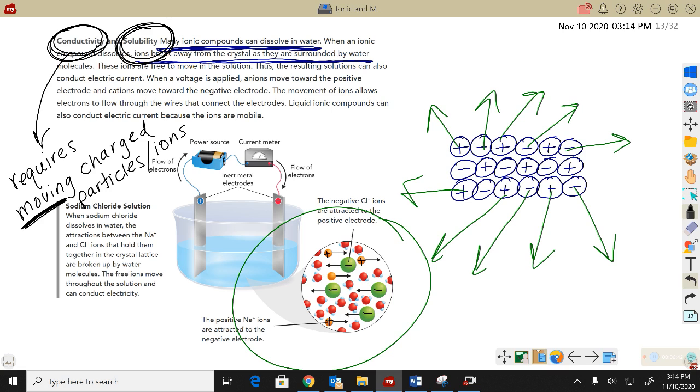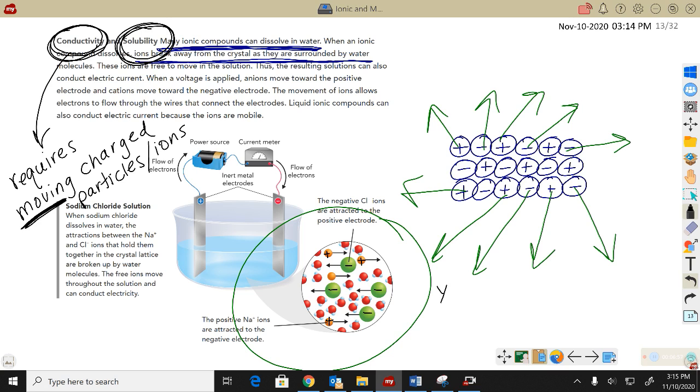Sometimes you can melt ionic compounds, and when molten, they can also have ions that are mobile, that can move, and you can conduct an electric current. So I'm going to just make a note.